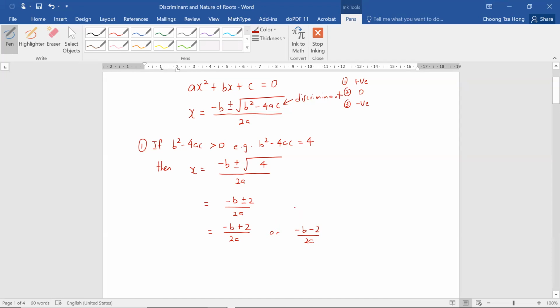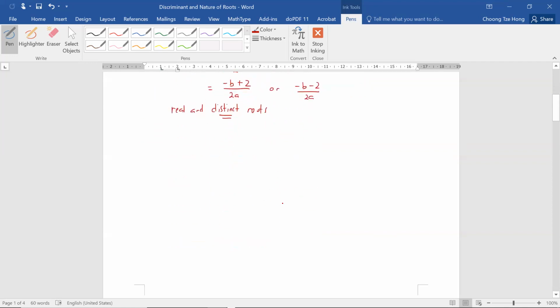Since we get two different answers, we call this real and distinct roots. That means the quadratic equation ax squared plus bx plus c equals 0 has real and distinct roots. Distinct means different, right? And why is it different? Because we got two different answers.